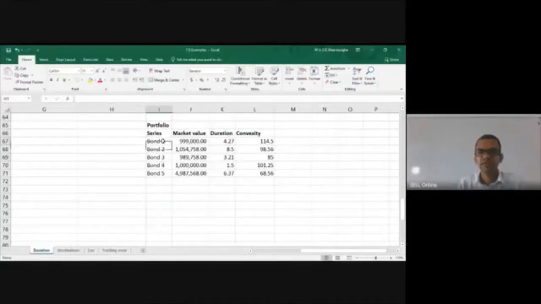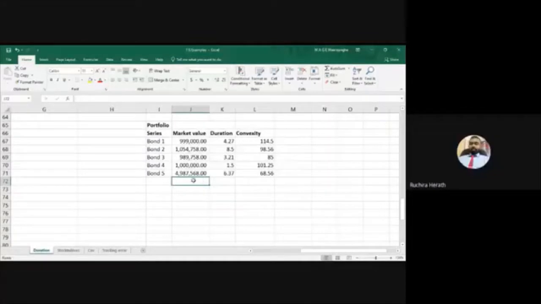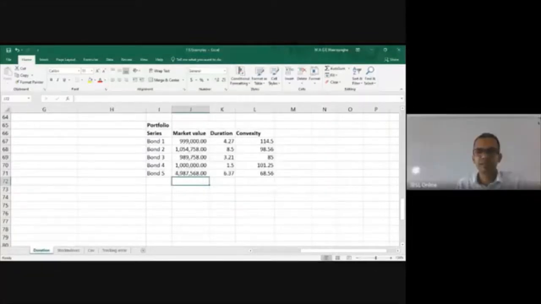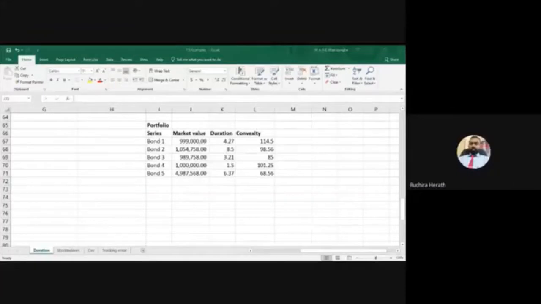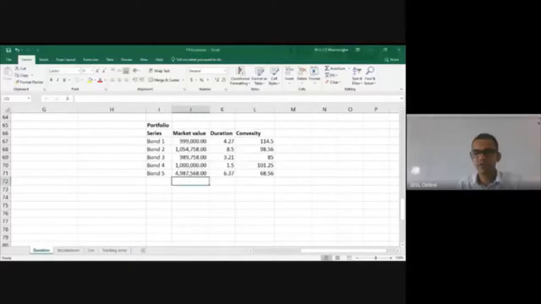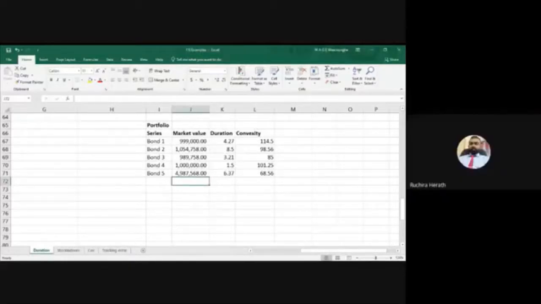So you can see the Excel sheet. Can't see? Now you can see.